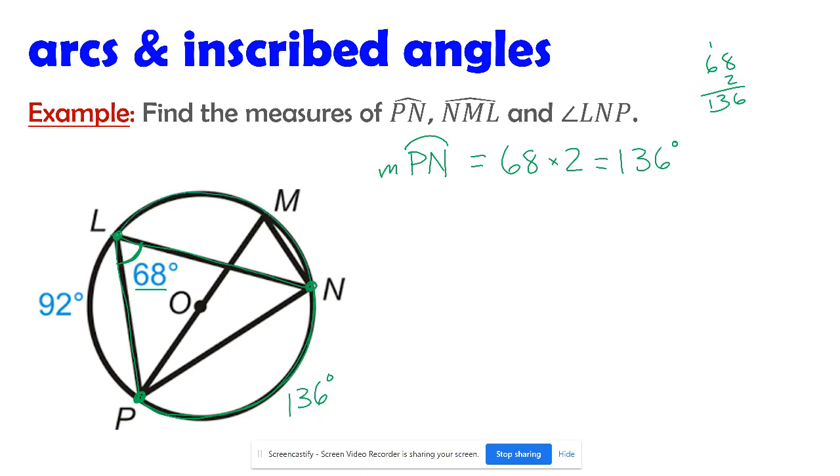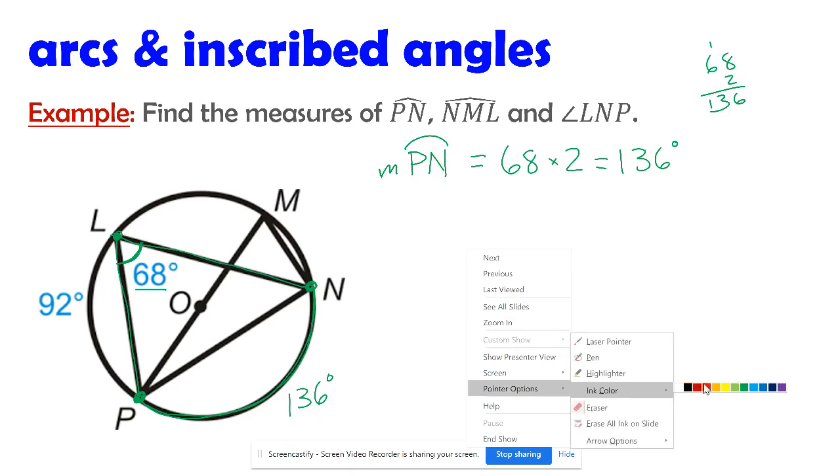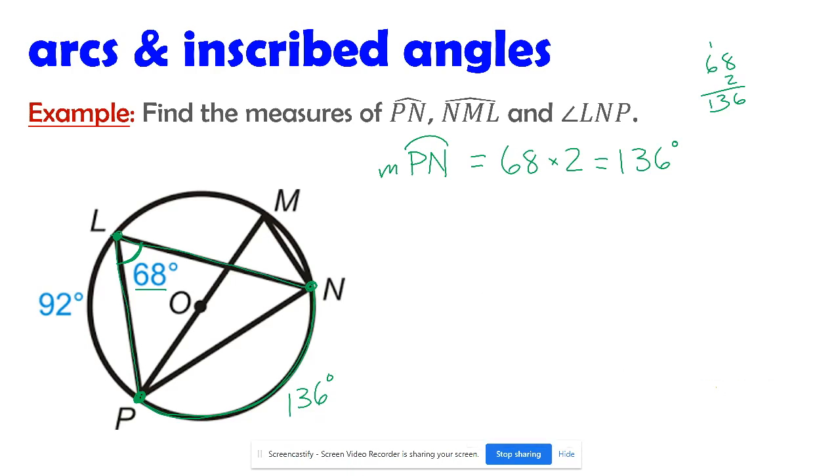It's this arc. So our points this time, and you know what? Let's color code this so it's a little more clear which stuff I'm referring to. Let's do this in orange this time. So we're starting at N. We're going around the circle through point M and over to point L. So N and L are the 2 points on the ends of this arc.